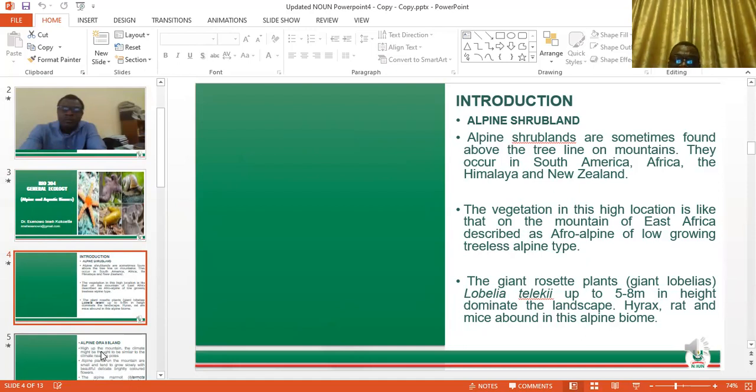They're found in South America, Africa, New Zealand. The vegetation in this high location is like that of the mountains of East Africa, described as the Afro-alpine. We have trees that are as tall as 5 to 8 meters in height, and species like hyrax, rats, and mice are found in this region.